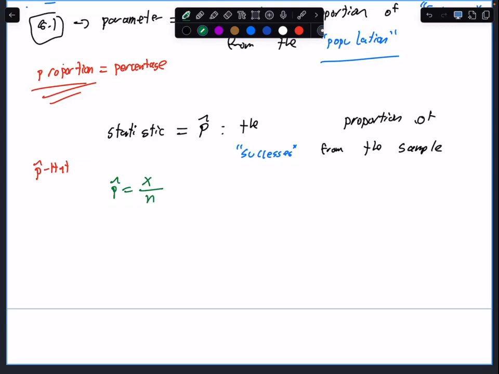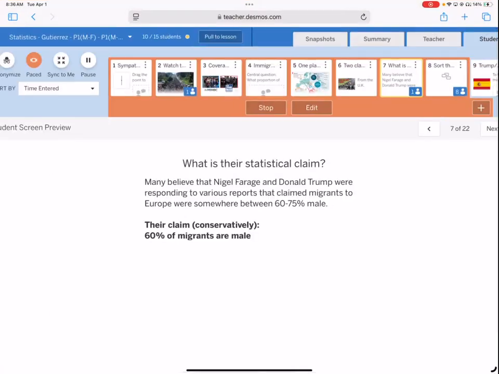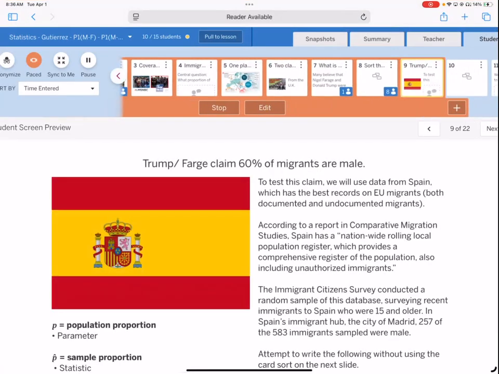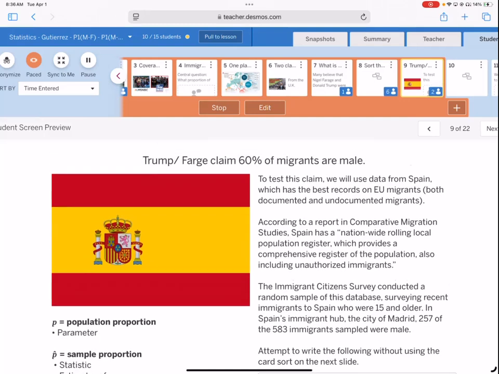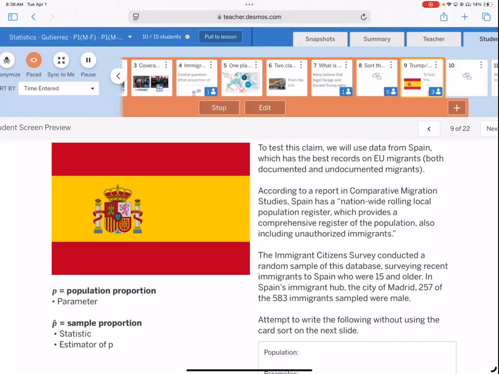All right, so let's look back to this. I'm going to open up the next one. For an example here, we're talking about, within our do now, this idea of the United States, Trump, and Farage from the UK. We have some actual data. So the population parameter, again, here was our answer to the previous slide.